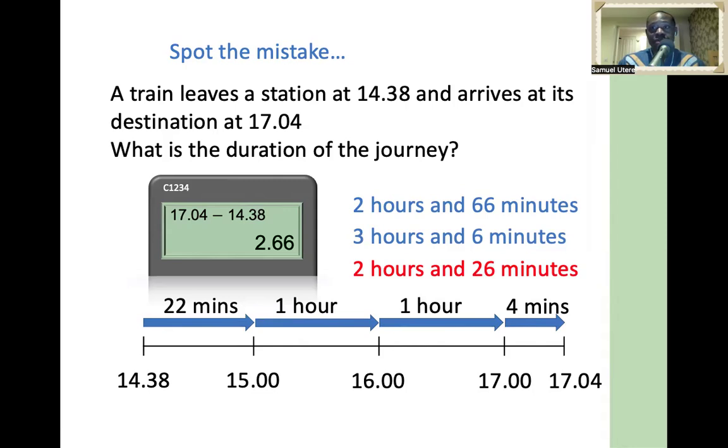You're looking at your 60 minutes portions. So, for example, if I'm working with time and I have 1.5 hours, my point 5 is actually equivalent to 30 minutes. So it's really important you're careful when you're working with times.